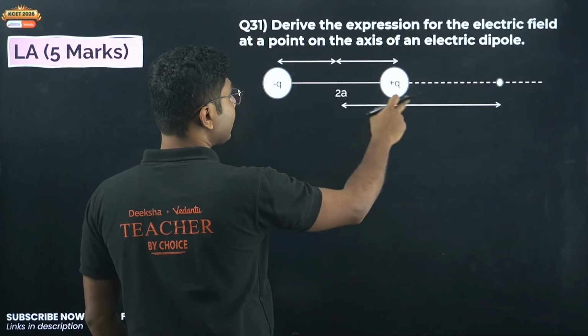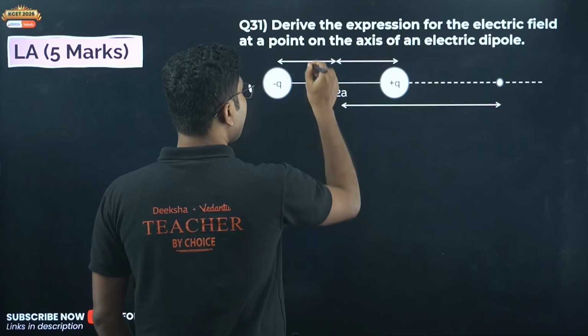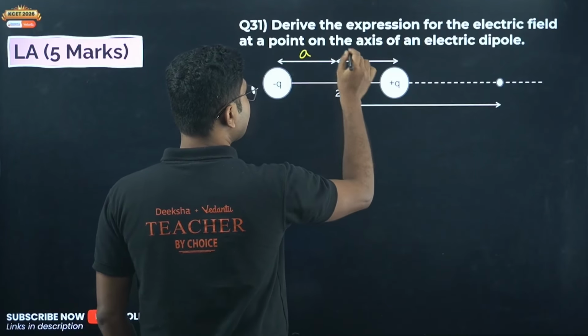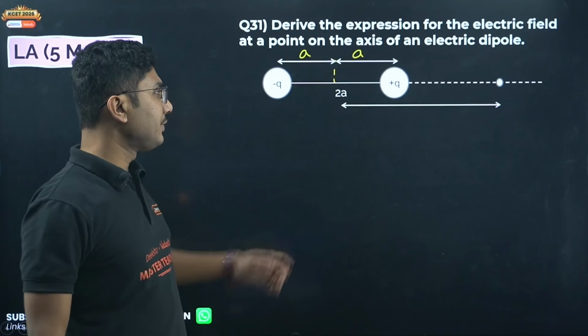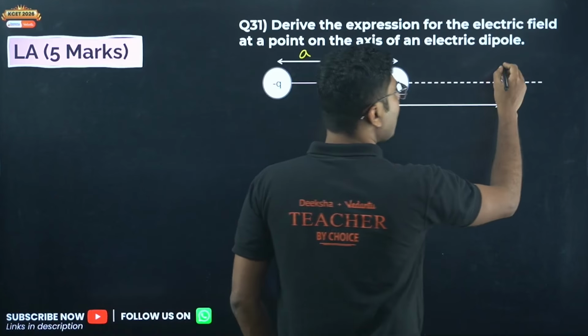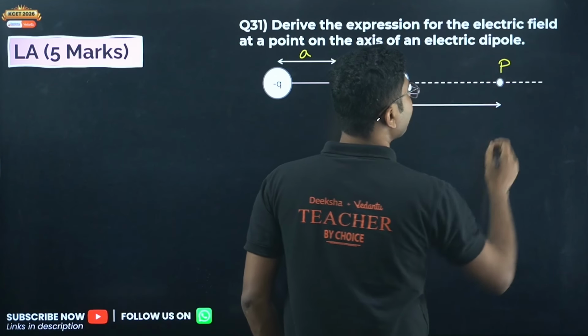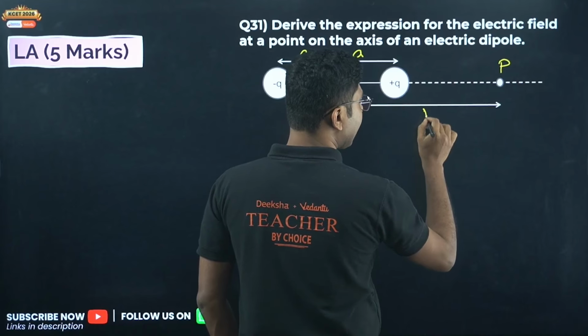So here, as you can see, there are 2 charges, a minus charge and a plus charge. The distance is 2a. Suppose this distance is a, this is also a. Okay, this is the midpoint. So if the distance is 2a, then this will be a, this will be a. The distance from the midpoint to the point where we are measuring the electric field, point P, say r.